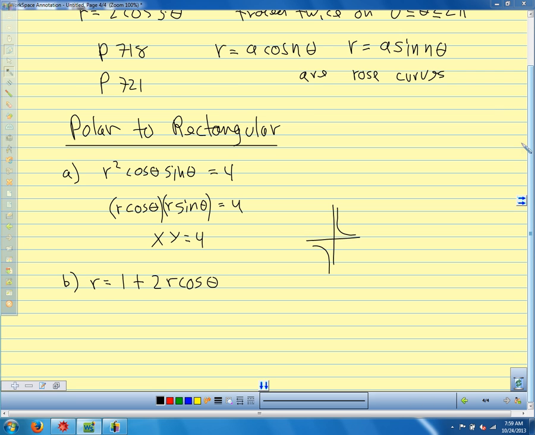This one's a nice one. Max says let's square both sides, because if I square this side I get r squared, and we know something nice for r squared. So I'm going to square both sides. r squared equals, and when I square this quantity, what do I get?